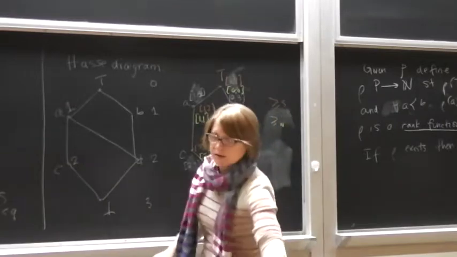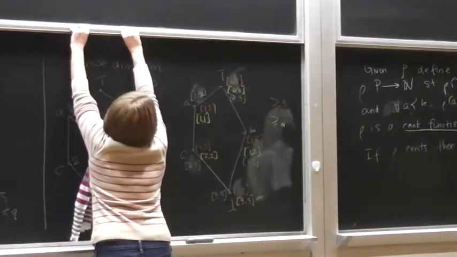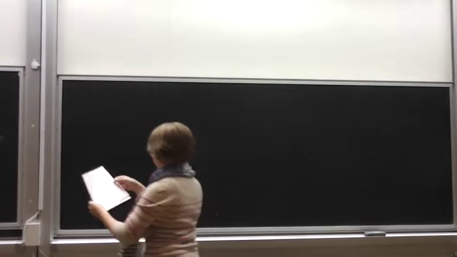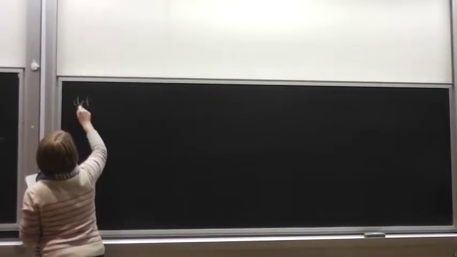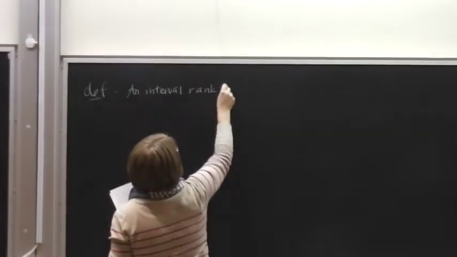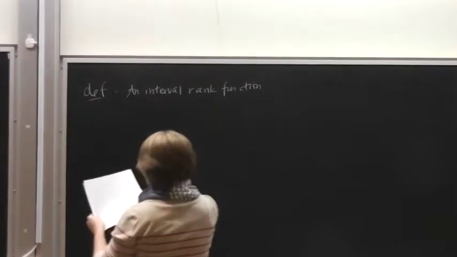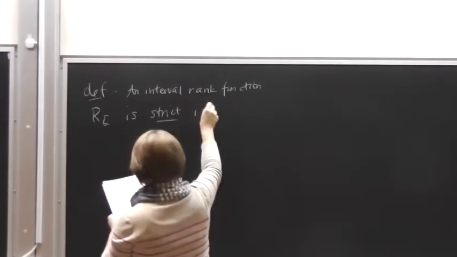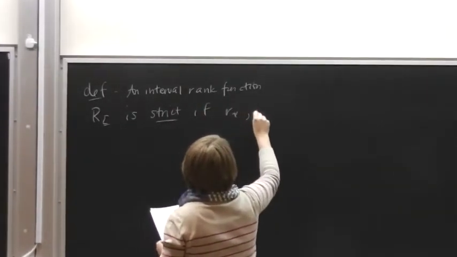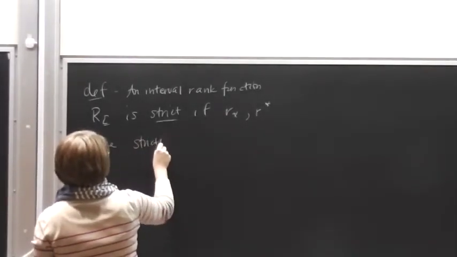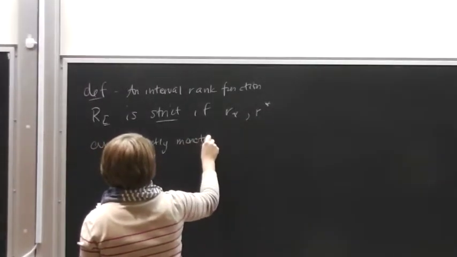So we need to make a second definition. We're going to call a strict interval rank function. An interval rank function is strict if the two functions themselves are strictly monotonic.